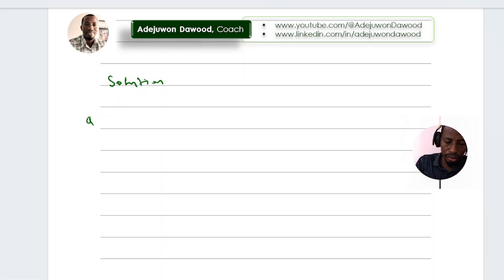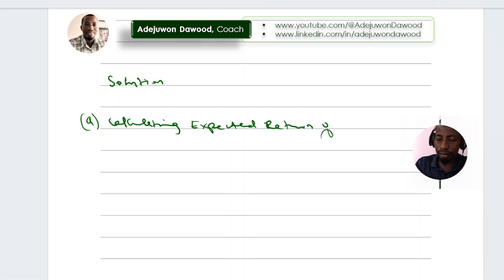Calculating expected return of individual security. Because we are going to use a table to do the two, I will combine the return and the risk, individual return and individual risk.